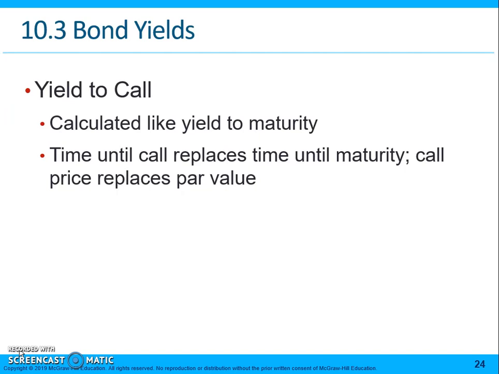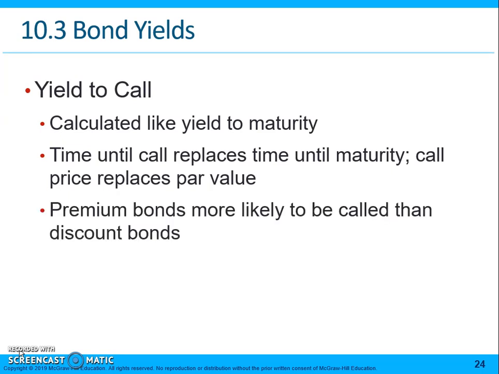I will work some examples in some of my lectures where we do yield to call calculations. Premium bonds are more likely to be called than discount bonds. The reason being that interest rates have fallen, and the issuer can refinance that debt and issue bonds at a lower rate.